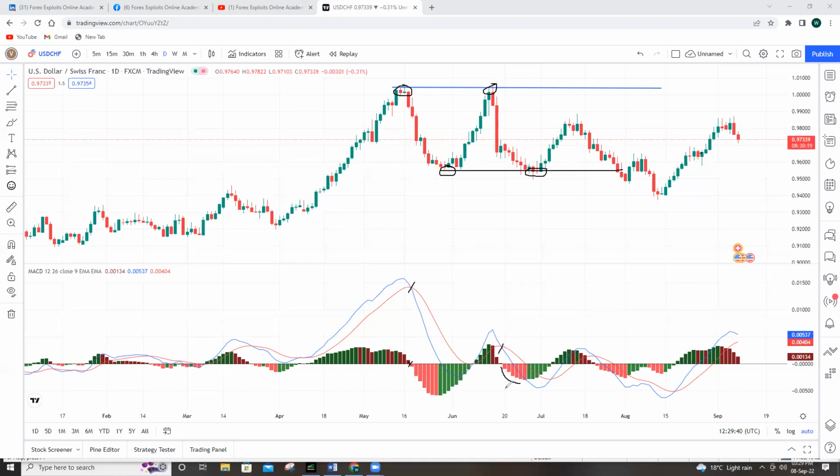One, identify a point of interest. This point of interest can be market structure, trend line, support and resistance, block, a pivot point, supply and demand zone. It can also be a swing high, swing low, whichever you want to choose. Number two, you want to have that violent or impulsive move. You don't want the market to do this.